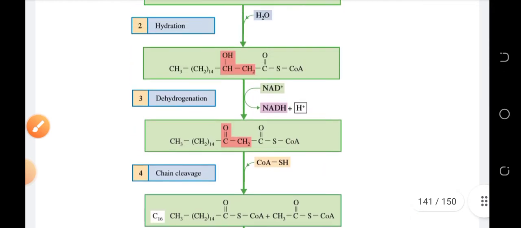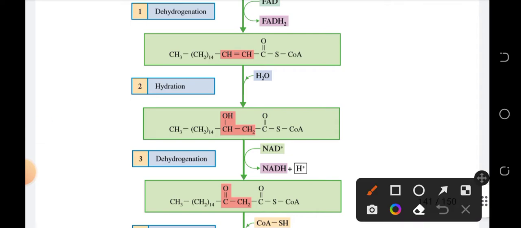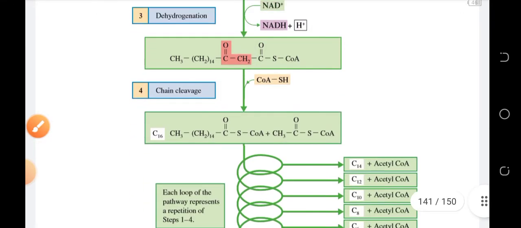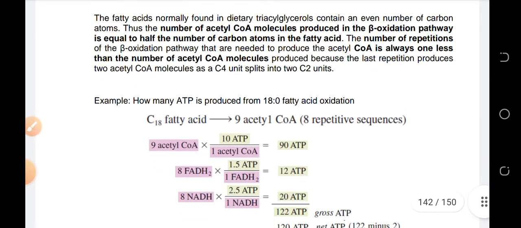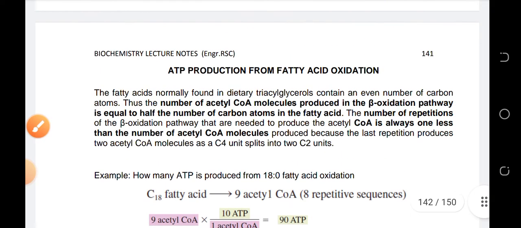Sa isang run, nakaka-produce tayo ng isang NAD. Isa lang. Okay? So, if that is 8 runs, magkakaroon tayo ng 8 NAD and 8 FADH.